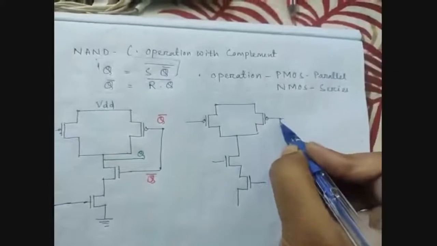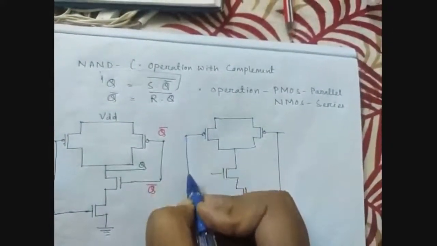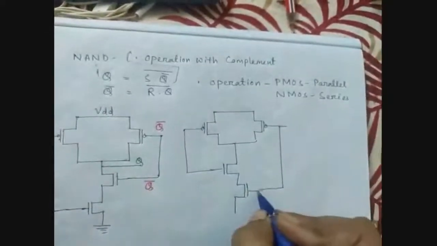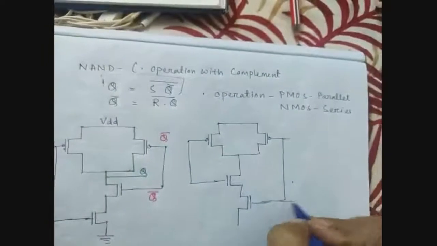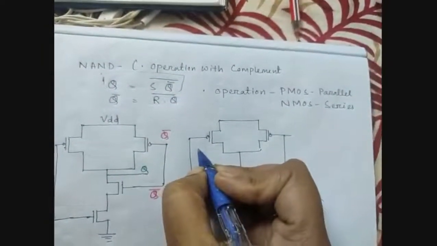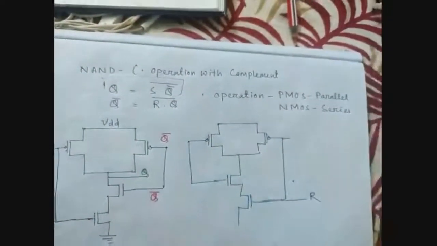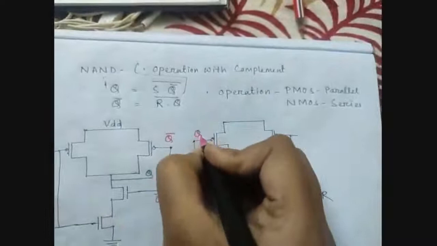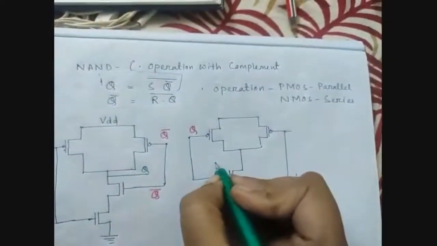Then we combine one NMOS and one PMOS. Similarly here, for this equation one input is R and the other input is Q, and the output taken is Q bar.